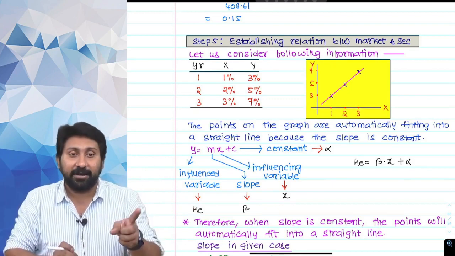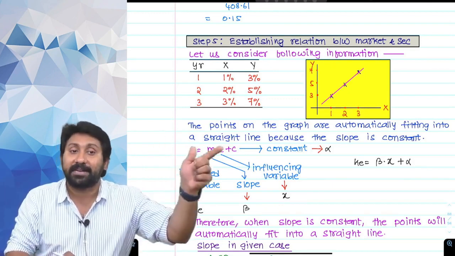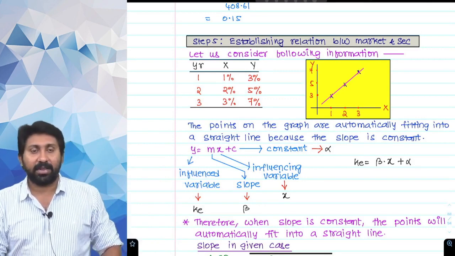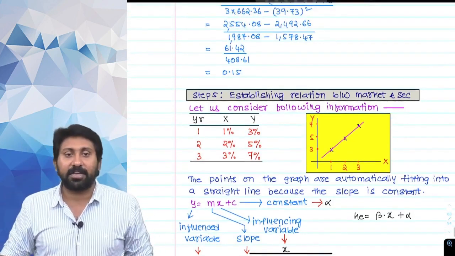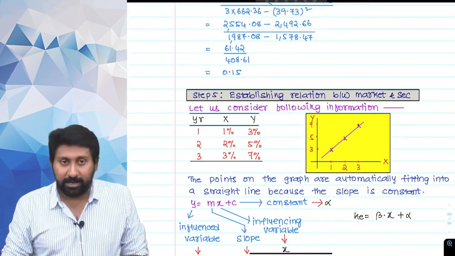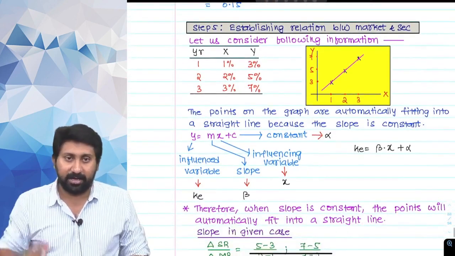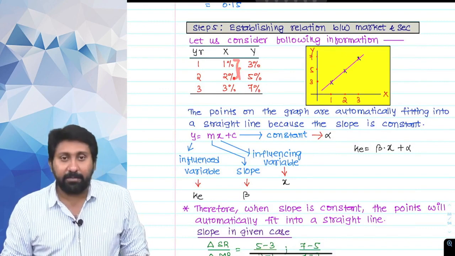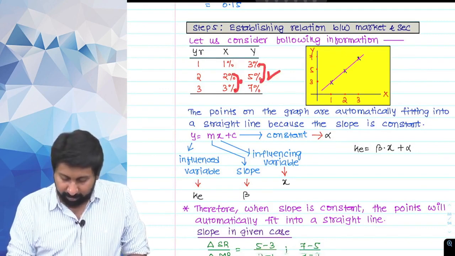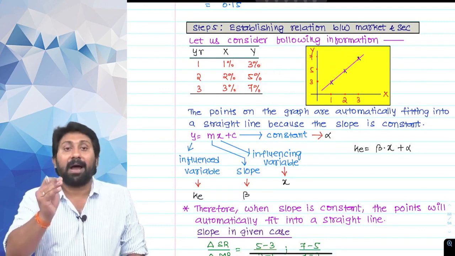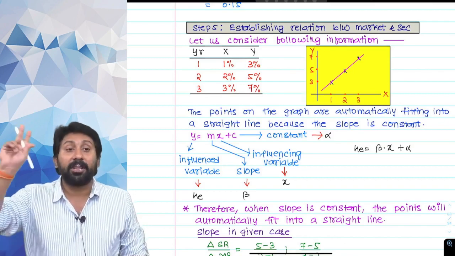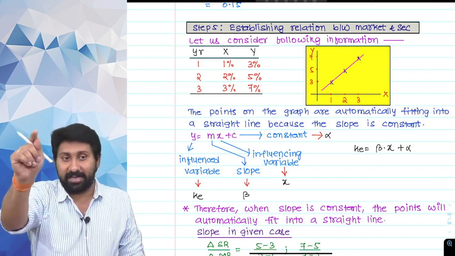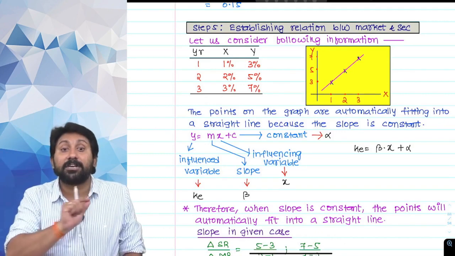Regression is calculated using beta. I have taken 3 years of information: year 1, year 2, year 3. When the market increases by 1%, the security increases by 2%, so there is always a constant slope.